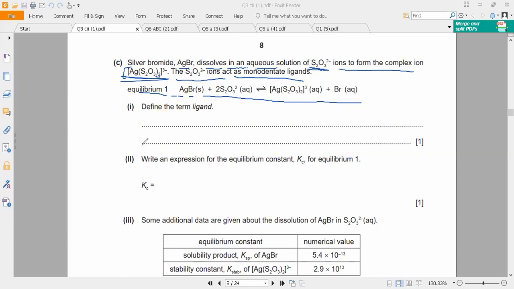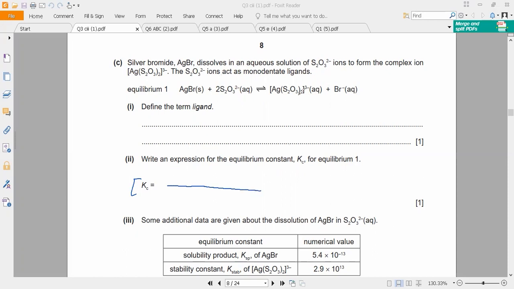Right. The question related to our topic: write the expression for the equilibrium constant Kc for equilibrium 1. So guys, equilibrium 1 is here, and we need to write the K expression for it. Whenever we have K, we have concentration of products over concentration of reactants. So on the products, we have Ag(S2O3)2 3- multiplied by the concentration of Br- over S2O3 2-.